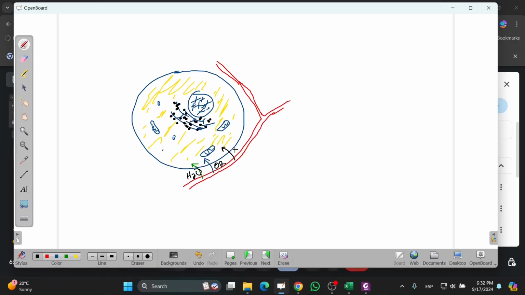Let's say here C6H12O6, that's the formula for glucose. So we say H2O stands for water, O2 is oxygen, and C6H12O6, that is glucose.